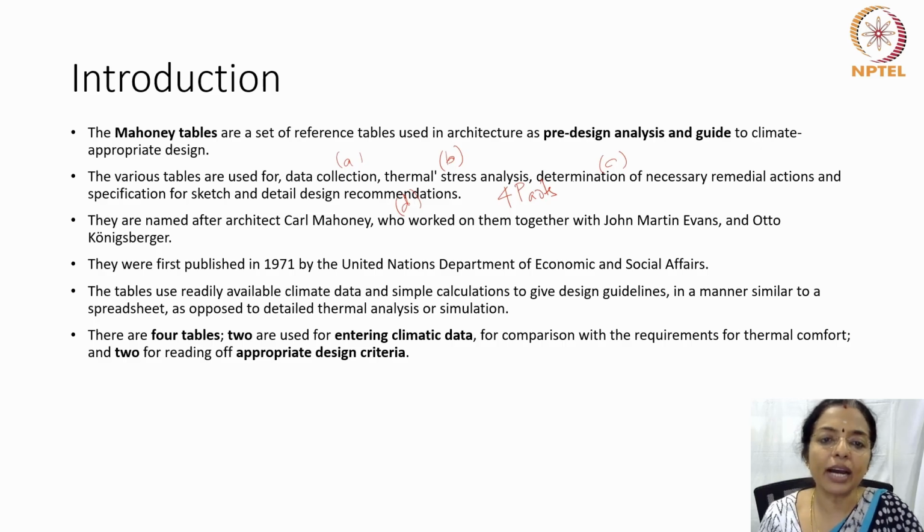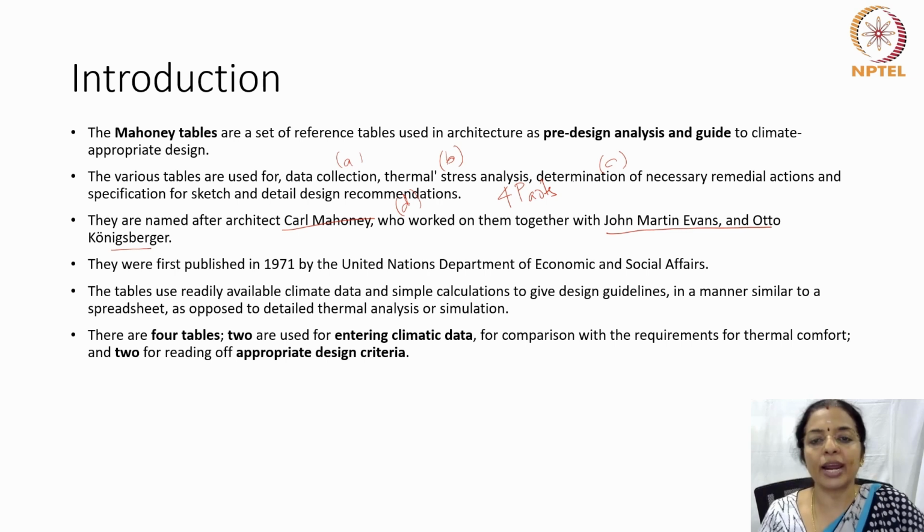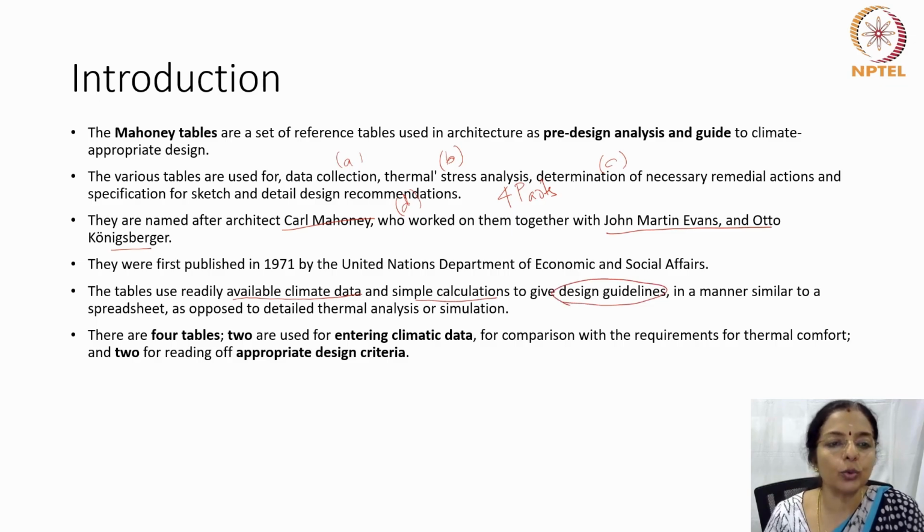They are named after Carl Mahoney, who worked on them along with Martin Evans and Otto Koenigsberger. These were first published in 1971 by the United Nations Department of Economic and Social Affairs. These tables use available climate data and have simple calculations incorporated with them to give the output of design guidelines in a manner similar to a spreadsheet.